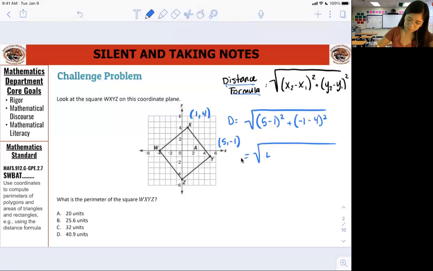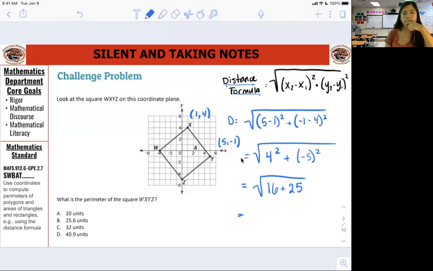5 minus 1 squared, that's 4. Negative 1 minus 4 is negative 5. Careful, subtracting. Okay, so this is 16 plus 25.